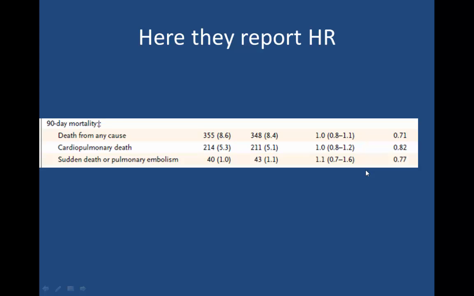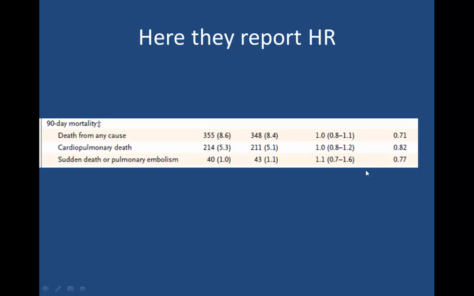But the actual range was, there was not an 8% reduction. There was a 1 minus 0.8. There was a 0.2% reduction up to a 0.1% increase in death. Cardiopulmonary death, there was a 0.2% decrease up to a 0.2% increase.